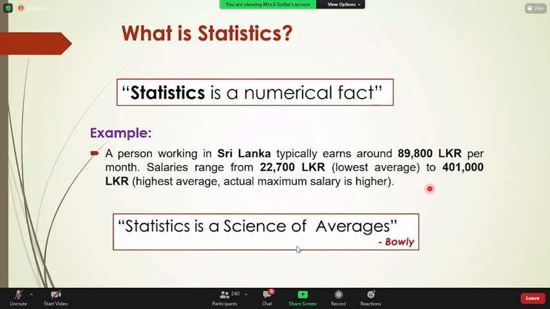So the average earning of a Sri Lankan per month is given by 89,800. So this is a statistic. It reveals the average earning. Right? What about this 22,700?